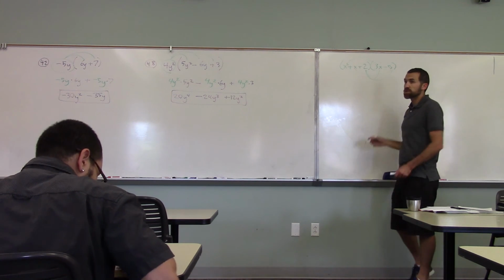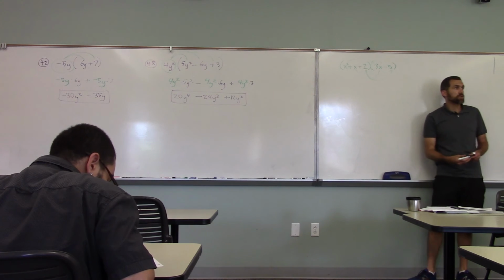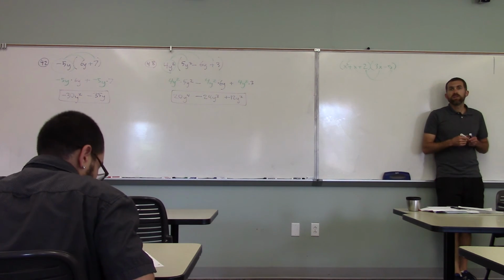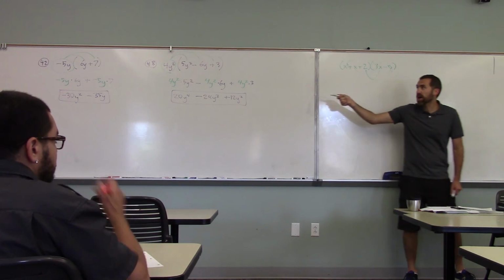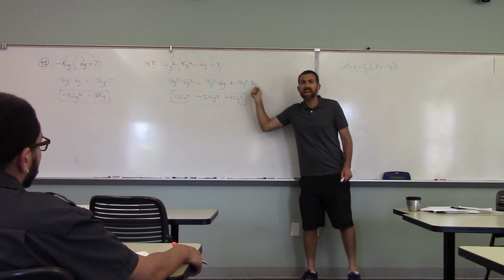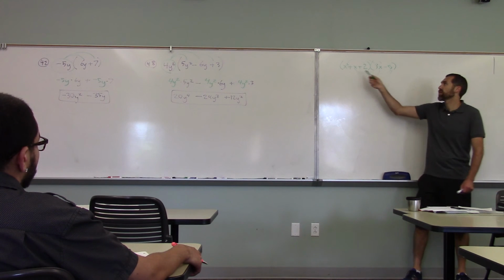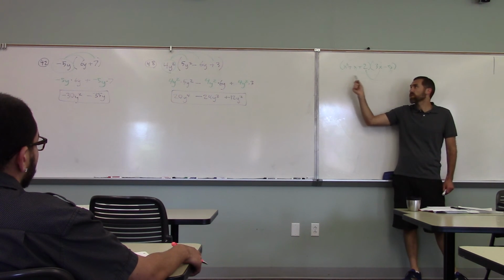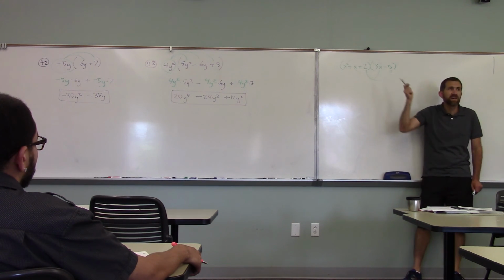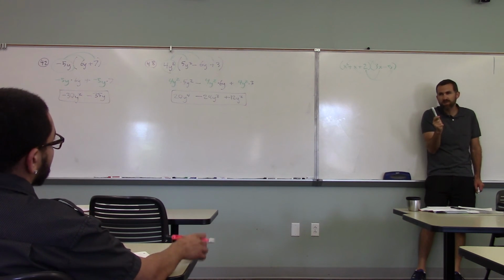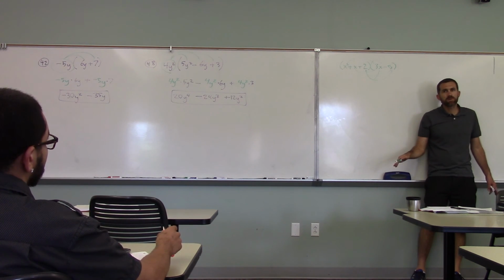So you get 6 terms coming out. But you need to multiply two monomials 6 times over here. That's where the mistakes happen. It's not with the distributing. It's more, what is x squared times 3x? And if you miss one single exponent, the rest of the problem is wrong.